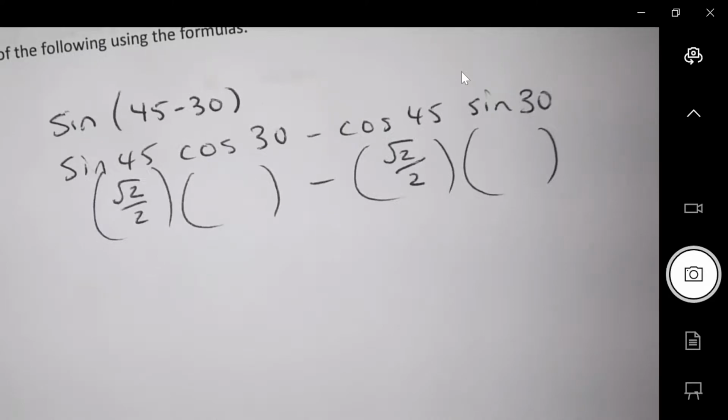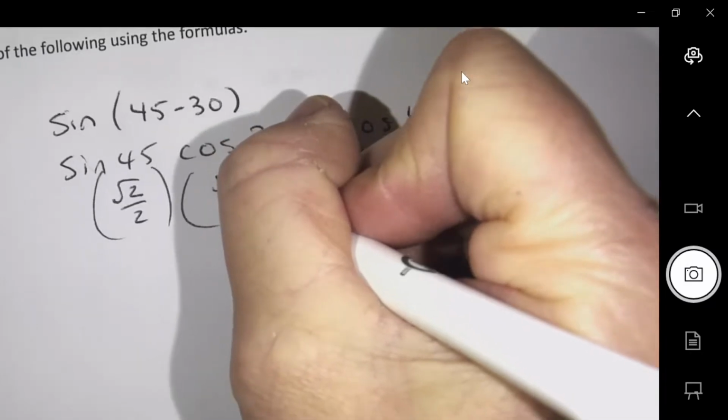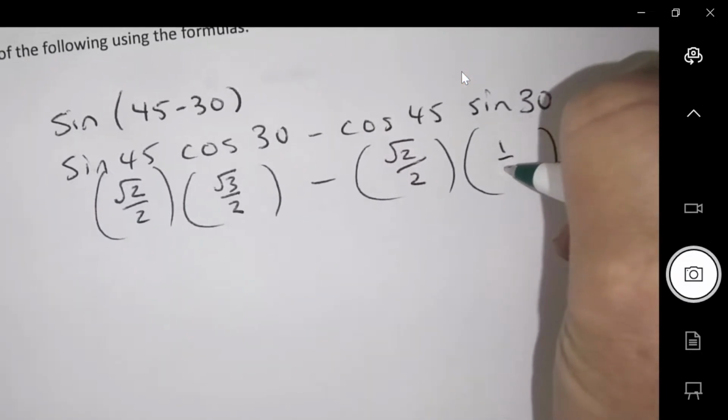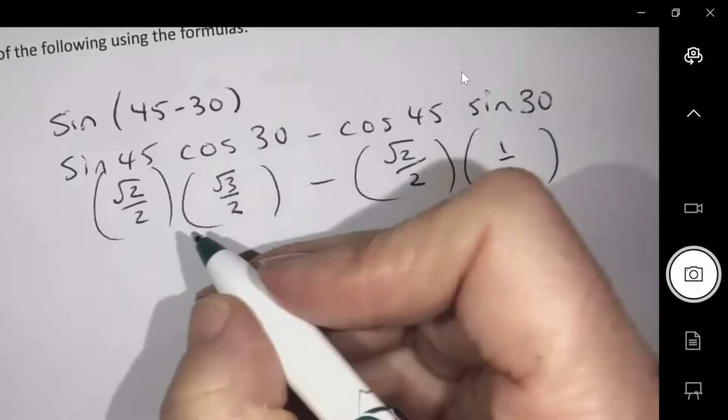All right, the cos of 30 is the x number. The sine at 30 is the y number. Okay, and then I'm going to put this together.